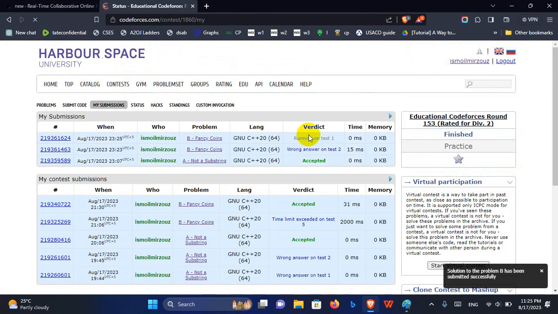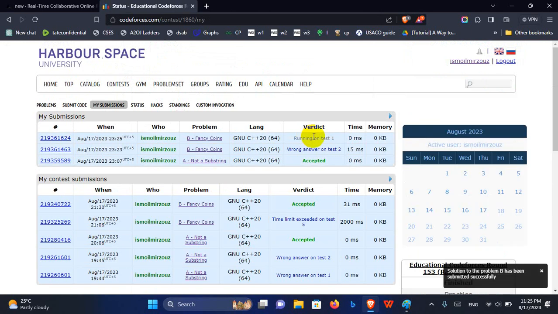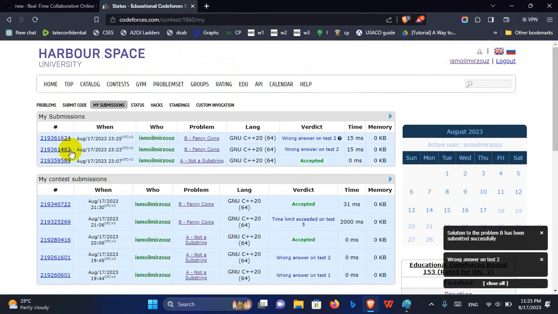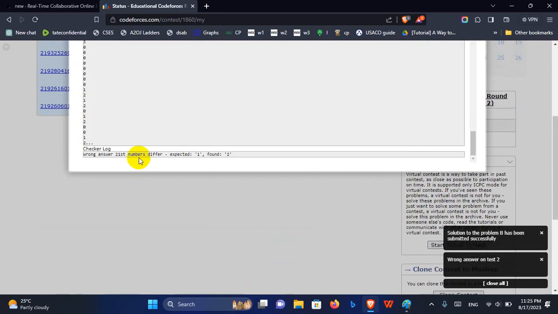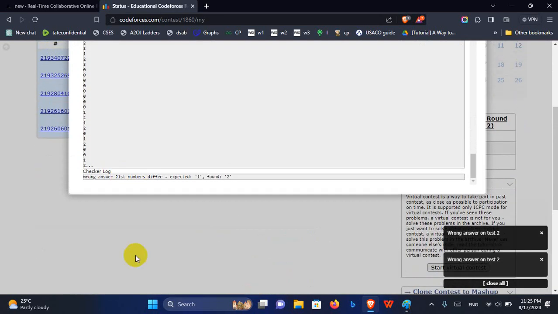This problem is really hard to solve by explaining. So let me see the test case. Test 21, expected 1, found 2.